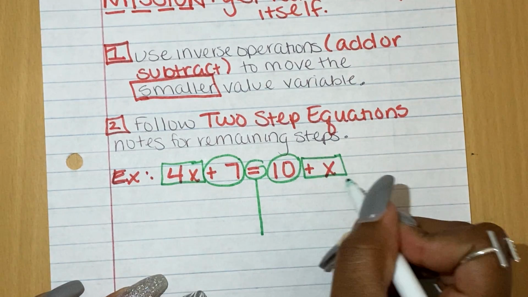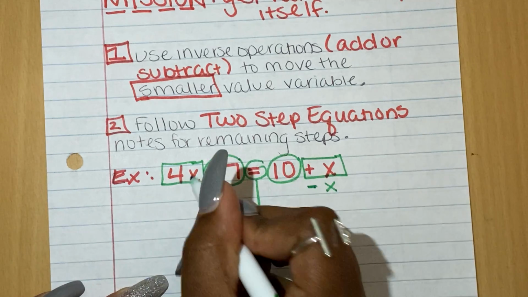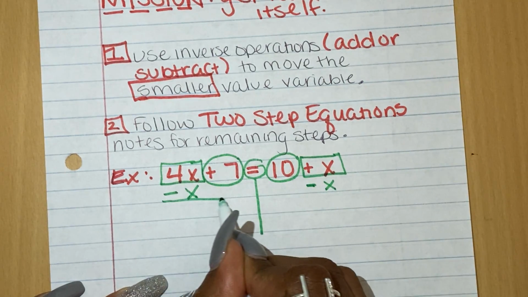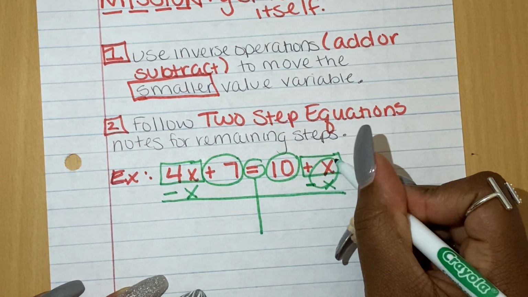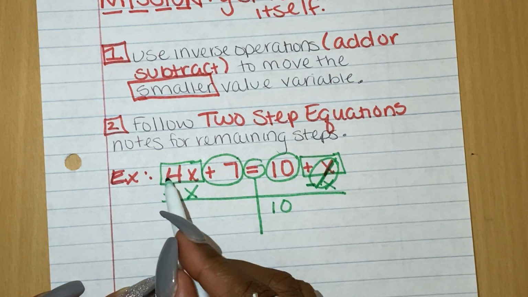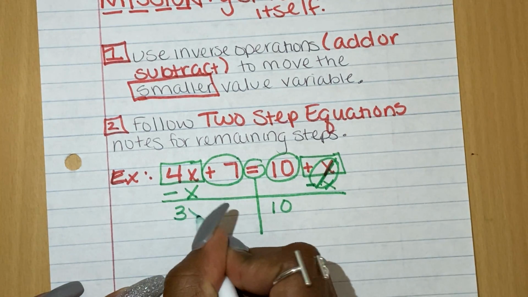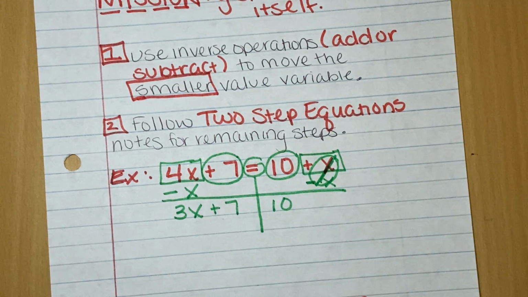Since it's already a positive x or a plus x, we are going to subtract x on both sides of the equal sign. X minus x is 0. I have 10 left over here. 4x minus x is 3x. I still have that plus 7 over there.